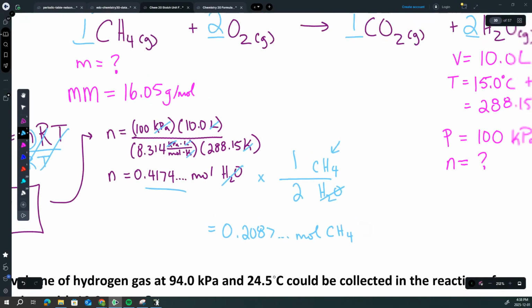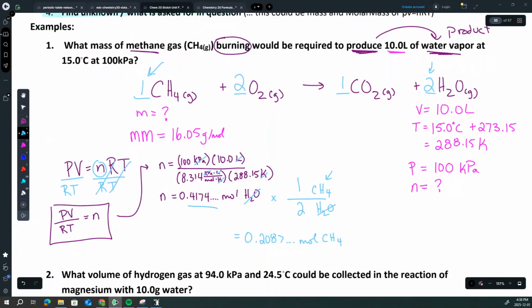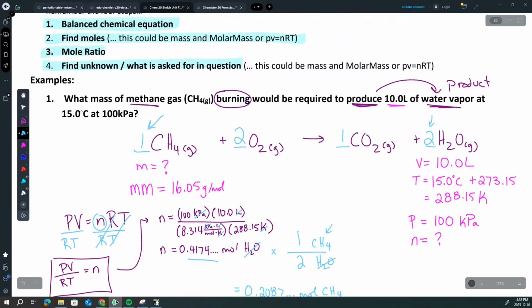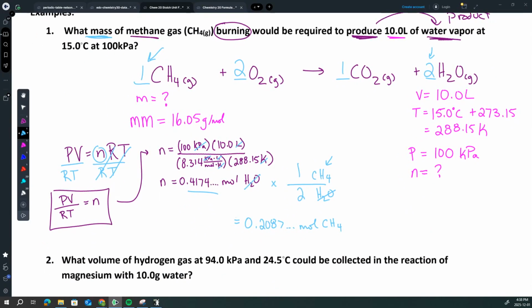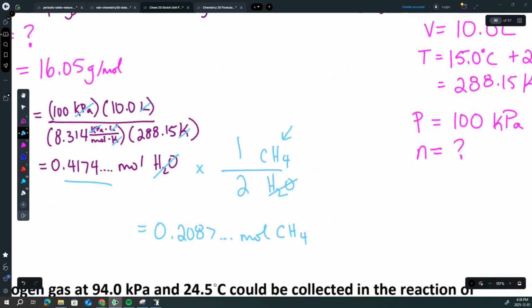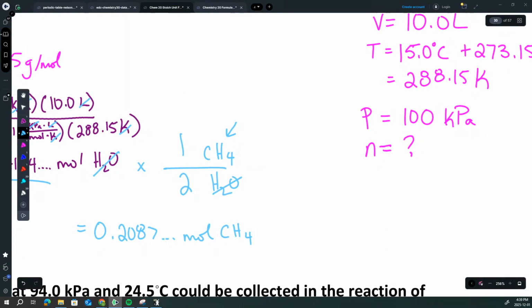All right, now we are on to step 4. So give the question what it wants. And this question asks us, okay, what is the mass of methane? So we're answering this question here. Now, in order to go from moles to mass, that's going to require this formula, which I'm going to use a different color here just to show it's a different step.